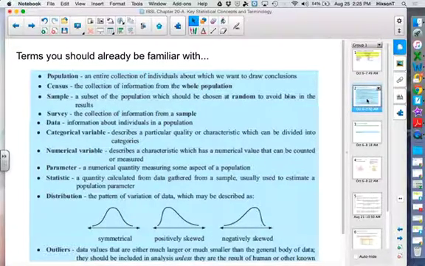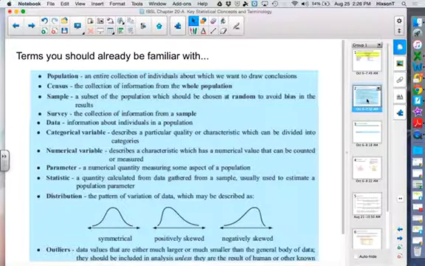Okay? If I am trying to draw some conclusions about the student body at North Broward, I can't just survey high schoolers. I would have to go down to the lower school and survey some kindergartners and survey some third graders. And okay, if I want it to truly be representative, and that's why I said somewhat random, you need to make sure it represents your whole population.